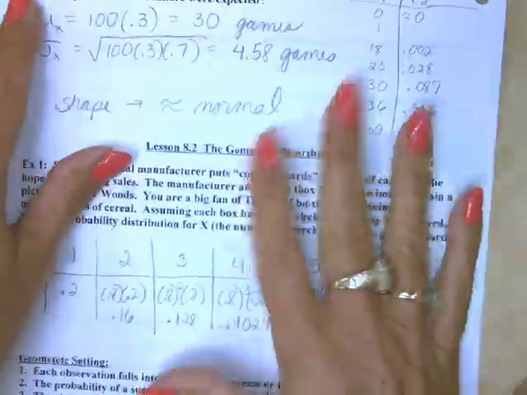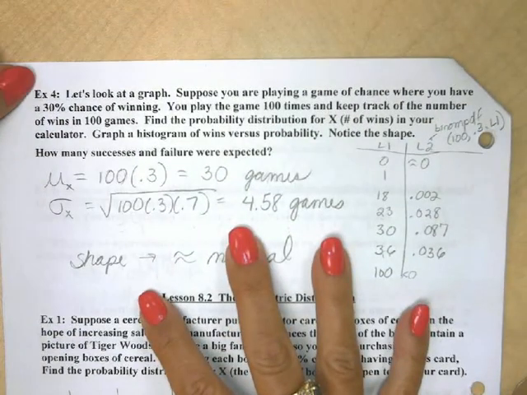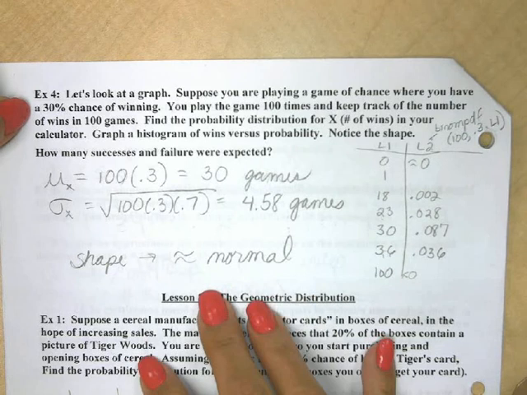So let's look at an example. Suppose we were playing a game of chance where we had a 30% chance of winning. Similar to our Hispanic situation, 30% chance of a success, and you play the game 100 times and keep track of the number of wins in 100 games. Find the distribution in your calculator.